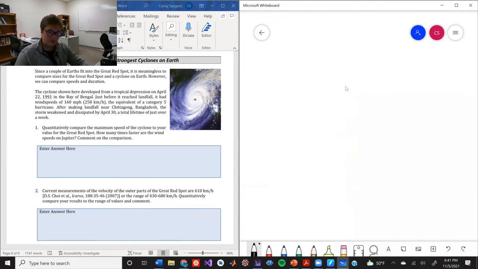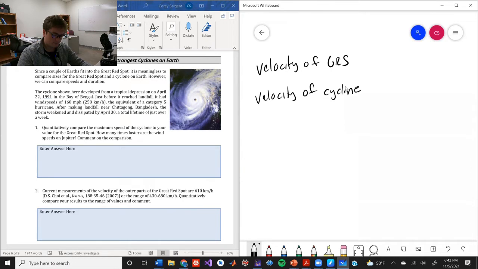Previously you found the velocity of the Great Red Spot, and you're given the velocity of a cyclone, okay? Which, remember, is the 258 kilometers per hour.